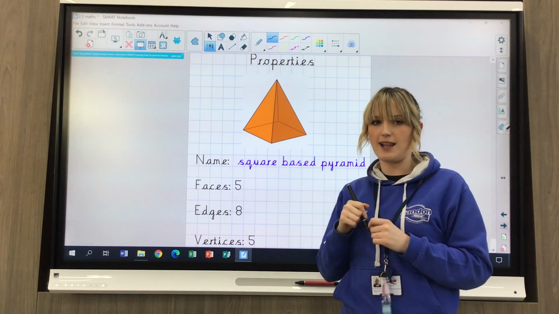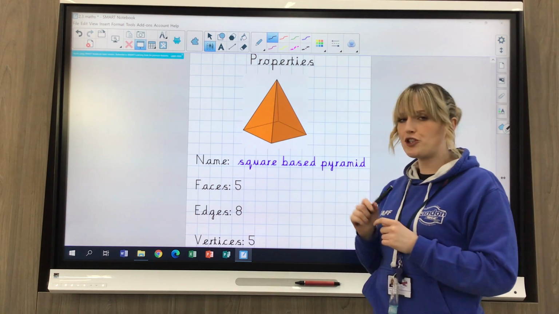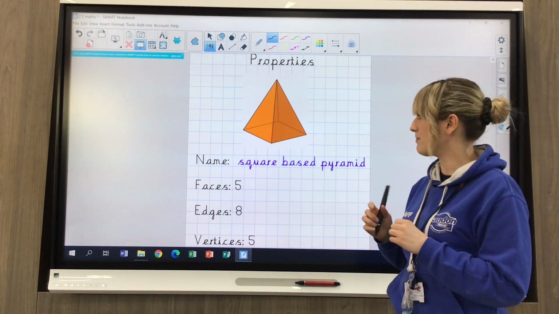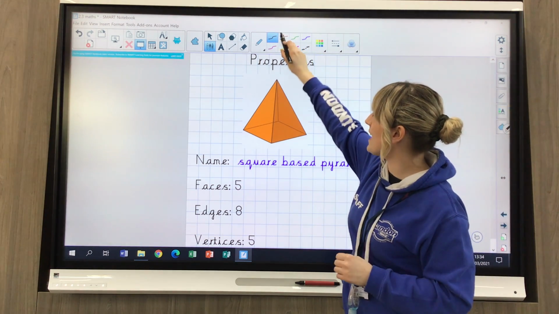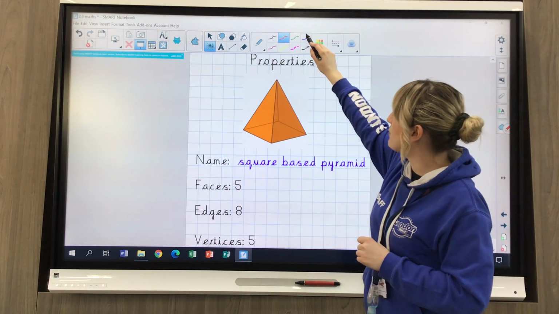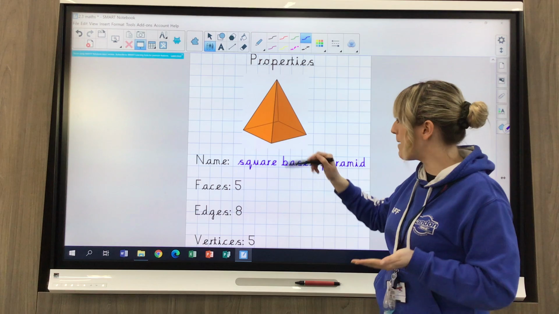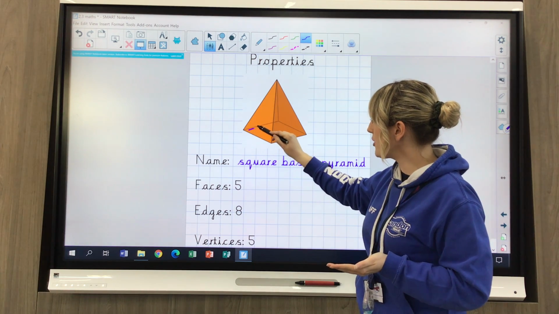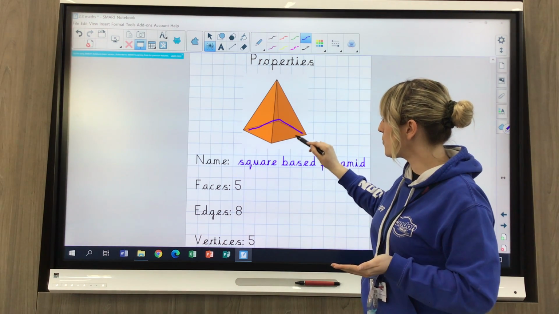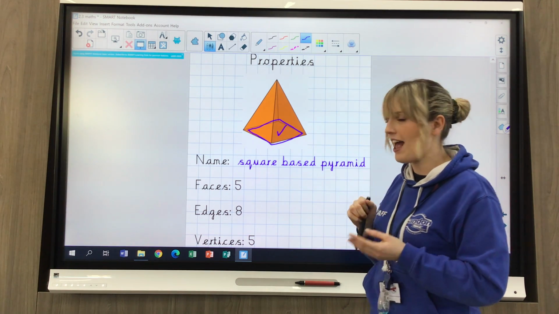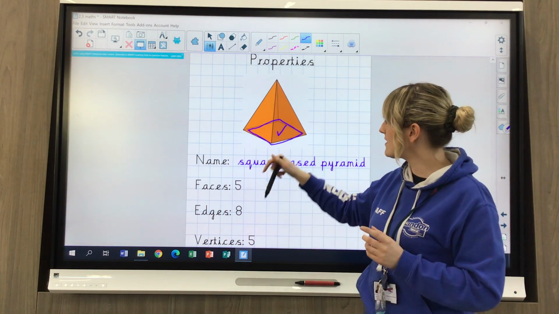The faces then are the 2D shapes that make the 3D shapes. So if I just put a little tick on each of the faces, you'll be able to see. So the bottom, the base, we can see there, if you go along there, it's a square-based pyramid. So that would be a square there, that would be one face.